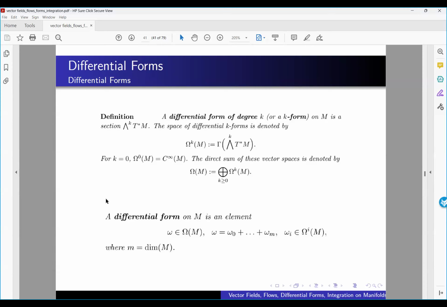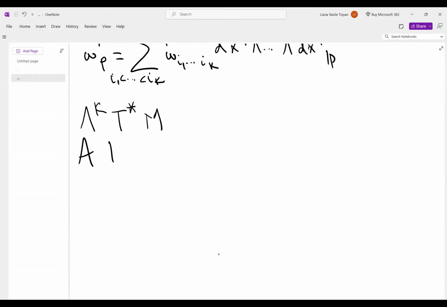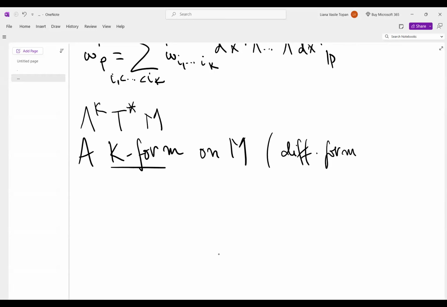So let me write it down maybe properly. So we build up this. Okay, so we say that a k form on M, or a differential form of degree k, is a section of this space.